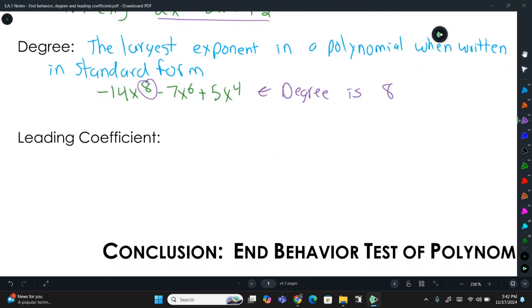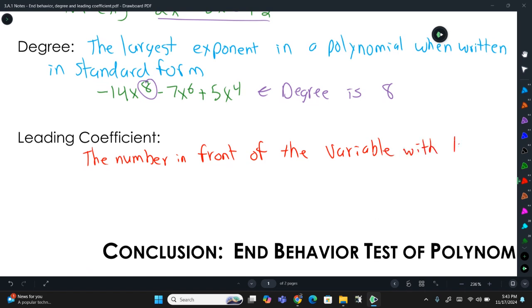Now the leading coefficient is the number in front of the variable with the largest exponent.